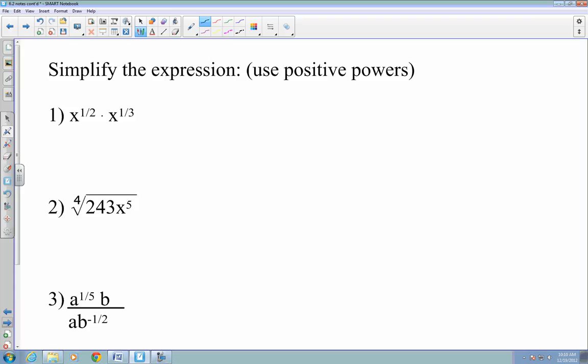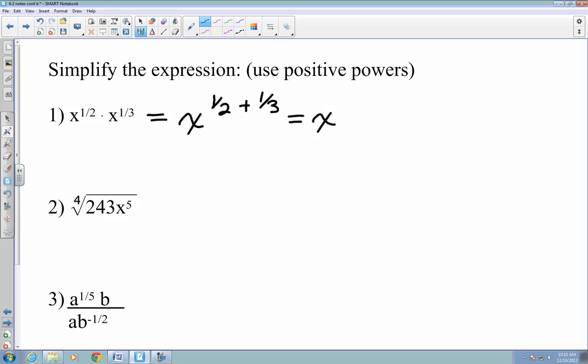If I have x to the 1/2 times x to the 1/3. So now, be careful. If I have like bases, I need to add the exponents. 1/2 plus 1/3. So just like we did on the one I did over here, we need to find a common denominator, which is going to be 6.